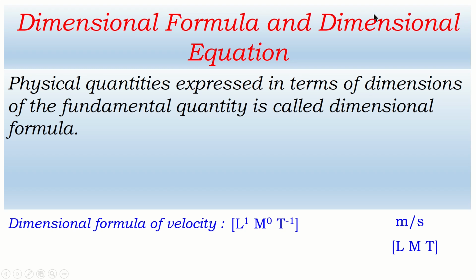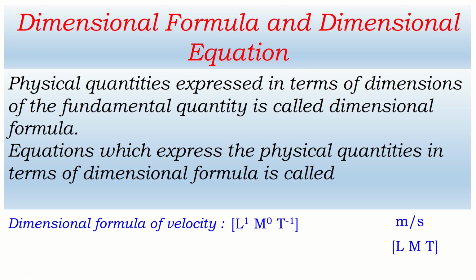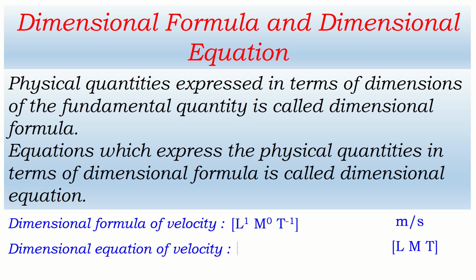But what does dimensional equation mean? Equations which express the physical quantities in terms of dimensional formula are called dimensional equations. The dimensional equation of velocity will be V on the left hand side. Equation means we must have a left hand side and a right hand side.